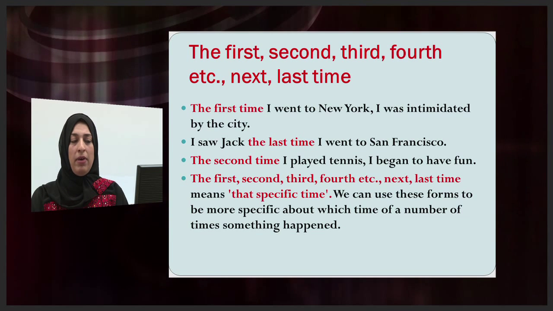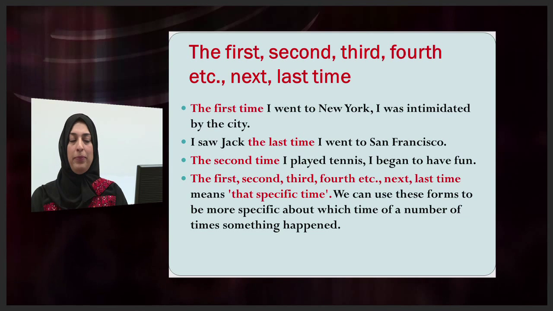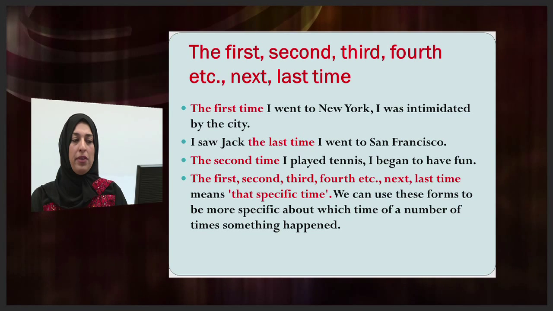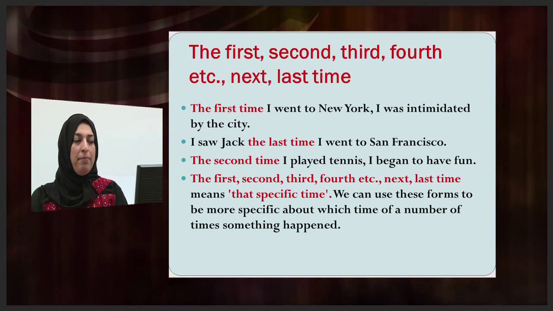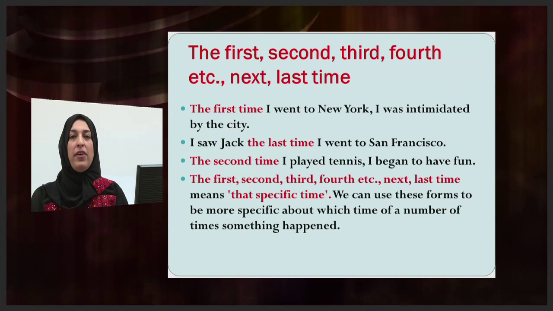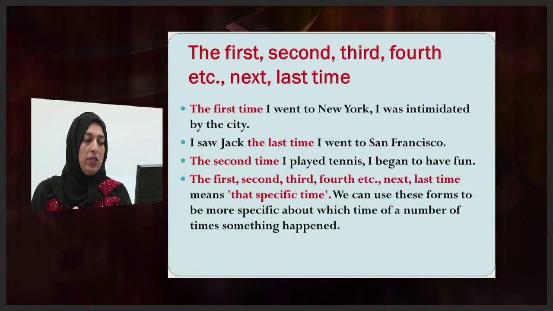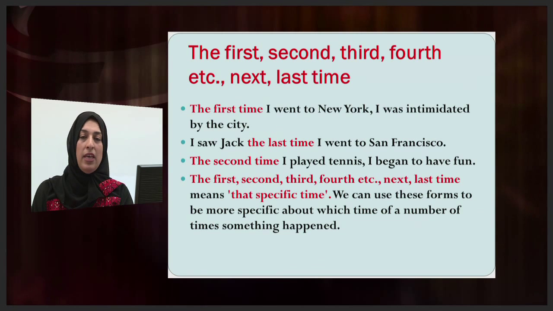The second time I played tennis, I began to have fun. The first, second, third, fourth, etc., next and last time mean that specific time. We can use these forms to be more specific about which time of a number of times something happened.